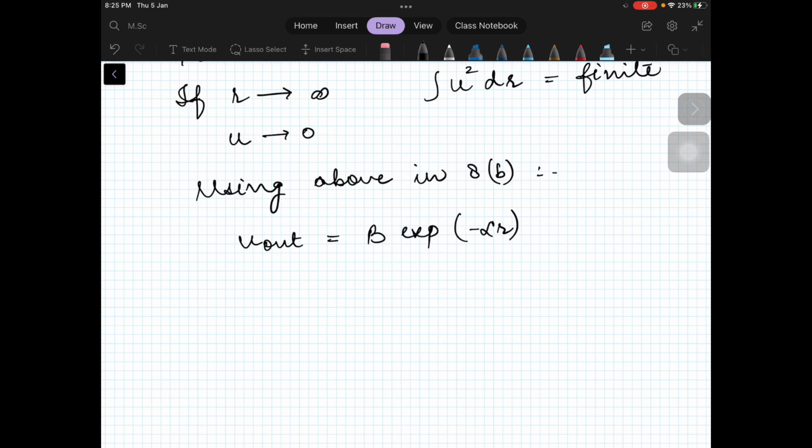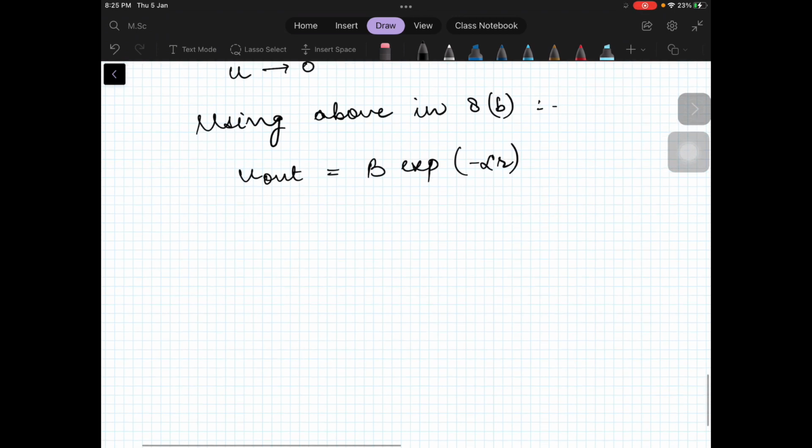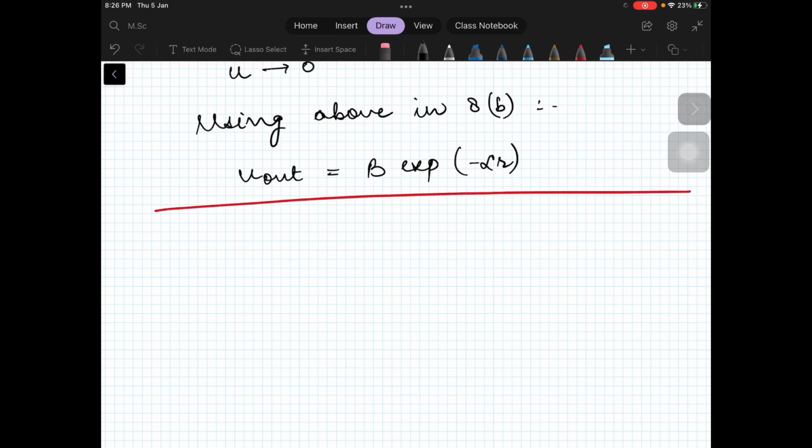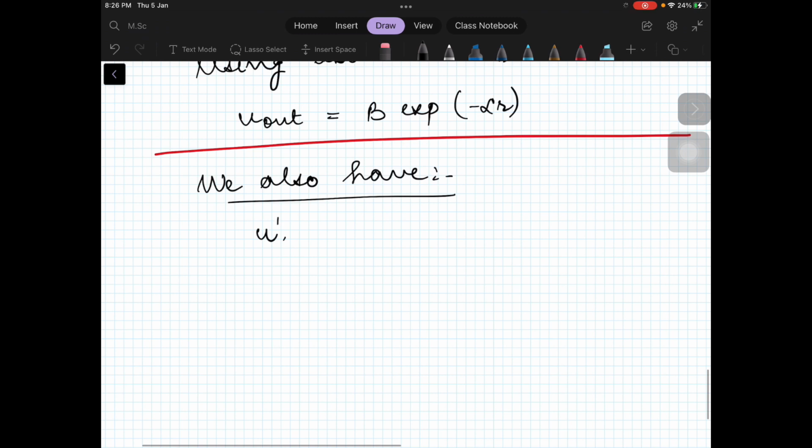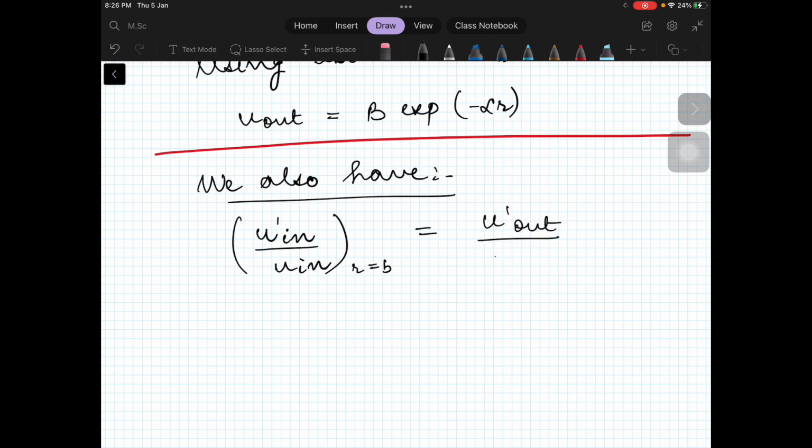Also, if we use the other important property of the wave function, that its derivative is continuous, using these two properties we can write the following: u in dash over u in at the boundary r is equal to b should be equal to u dash out over u out at the boundary.